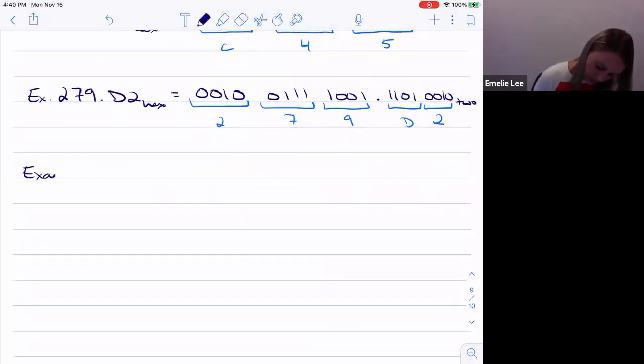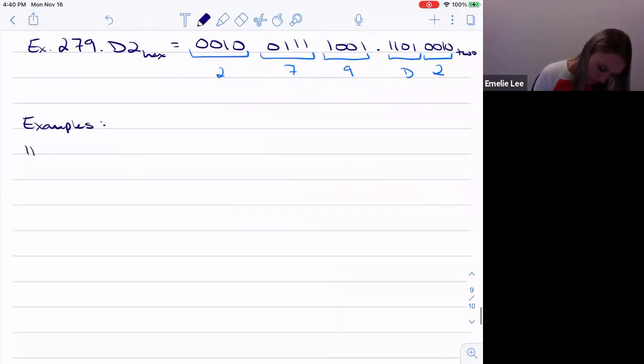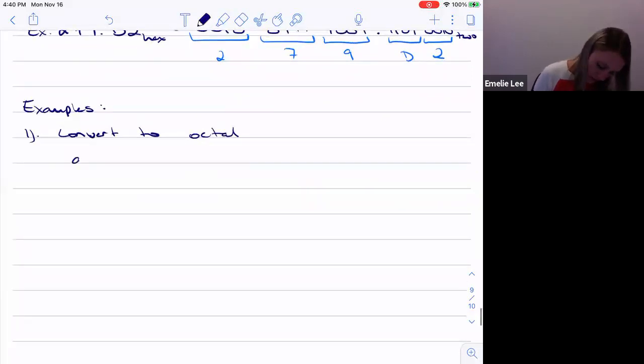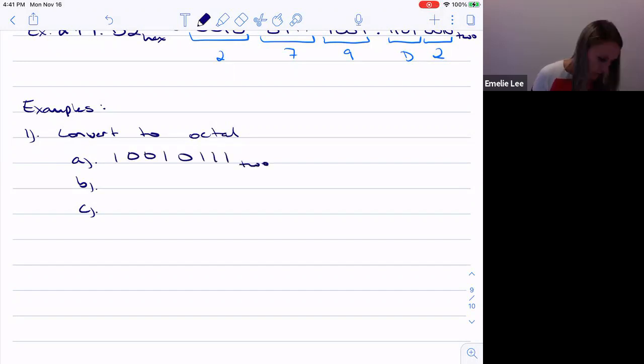So, examples here. Number 1, convert to octal. A, B, C. A is 1, 0, 0, 1, 0, 1, 1, 1, base 2.